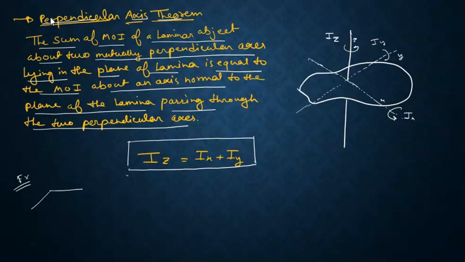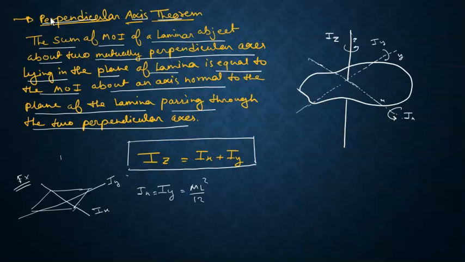We have discussed earlier that in the case of a small square lamina, the moment of inertia across its diagonal, let's say this diagonal is along the x-axis and this diagonal is along the y-axis, Ix equals Iy equals ml square by 12. This we have discussed earlier.